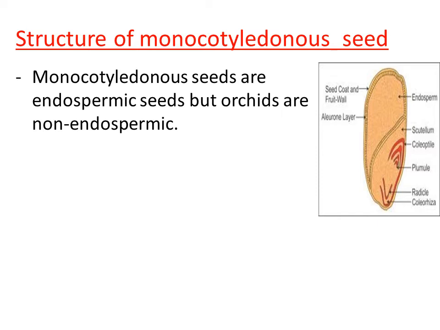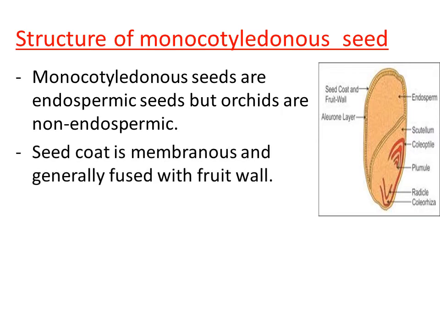The outermost covering of the monocotyledon seed is the seed coat. We studied in the dicot seed that two layers of seed coat are present, outer testa and inner tegmen. Clear? In the monocot seed, the seed coat is membranous, just like a membrane, and it is generally fused with the fruit wall.